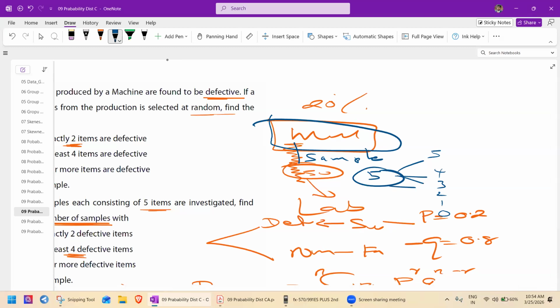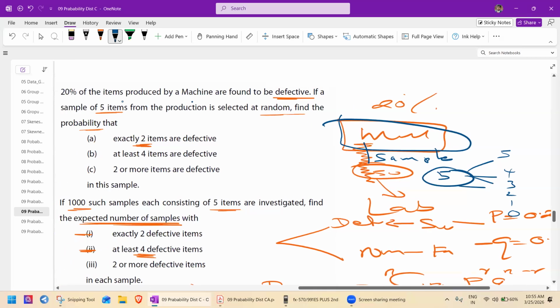Now the question is, they are getting samples 1,000 times from the machine. In each sample, they are testing 5.